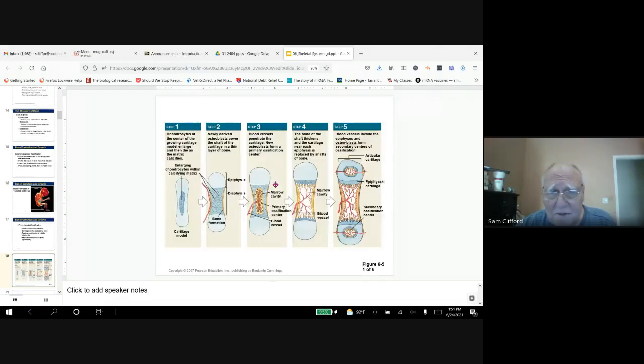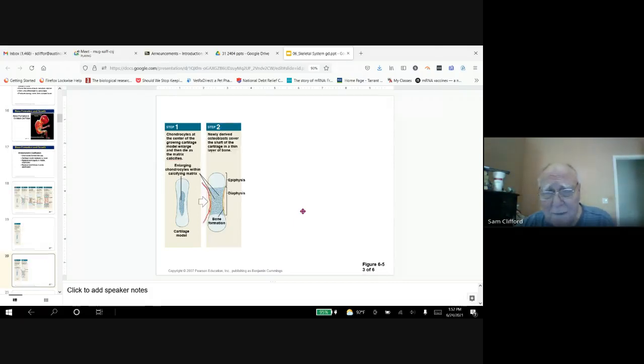And this is the picture. Know that the bone starts off as cartilage, and osteocyte, osteoblast, and osteoclast efforts form the cavity, allowing blood vessels to move into the cavity. And so you have a very active tissue with blood vessels and very active growing cells. We can go step by step.